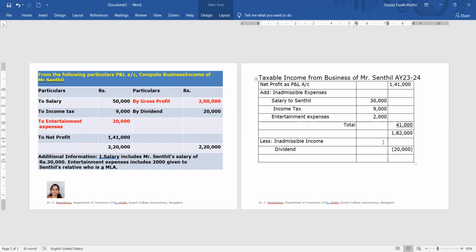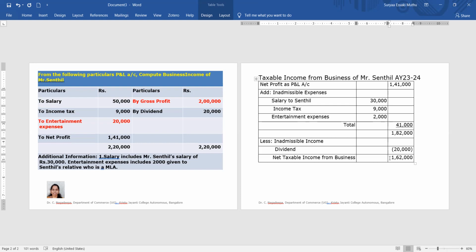Now, what is the net taxable income, the business income, as per the Income Tax Act? Net taxable income from business. How much? That is 1,82,000 minus 20,000, which is 1,62,000.